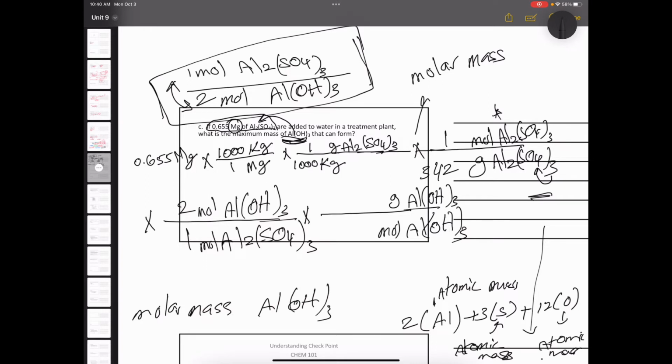So you'll get the atomic mass for the aluminum, the atomic mass for the oxygen times 3, the atomic mass for the hydrogen times 3 as well, add them all up together, and the molar mass for the aluminum hydroxide is 78 grams per 1 mole. Okay?